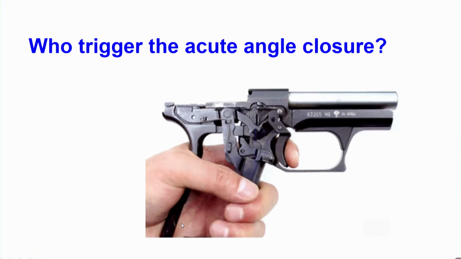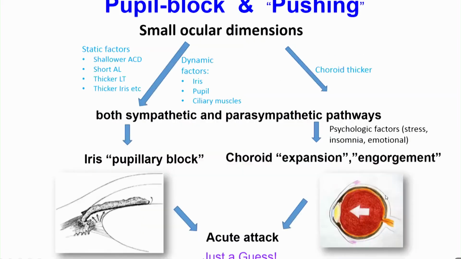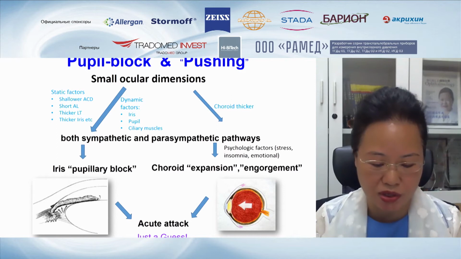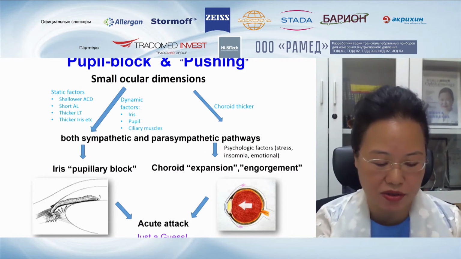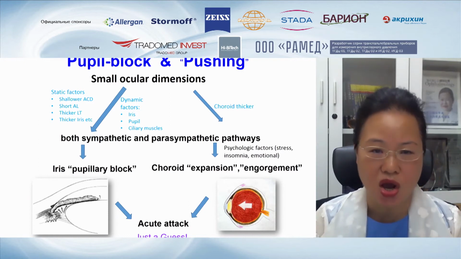However, a single series could not always answer a big question: who triggered the acute angle closure? Based on the latest literature review and our studies, the acute attack may be mediated by smaller ocular dimensions plus a thicker choroid at baseline, in addition to an abnormal behavior of the uvea with a normal anterior and posterior segment.